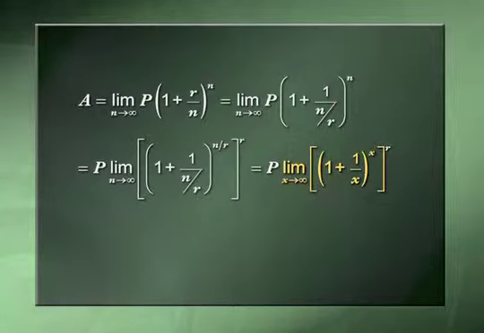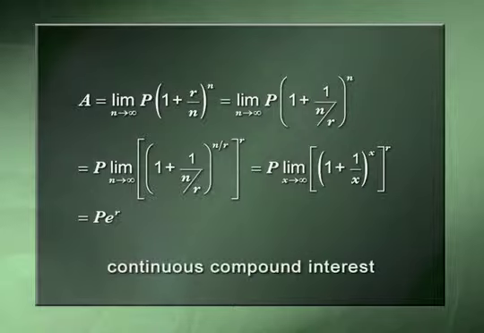That's our friend E. That limit is E, 1 plus 1 over X to the X. Wow. So this collapses to P E to the R. And that's called continuous compound interest. It's compounding continuously. Not 1,000 times a year, not 1,000,000 times a year, but continuously.